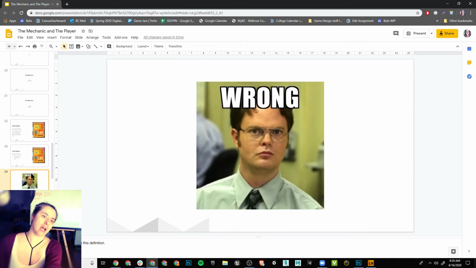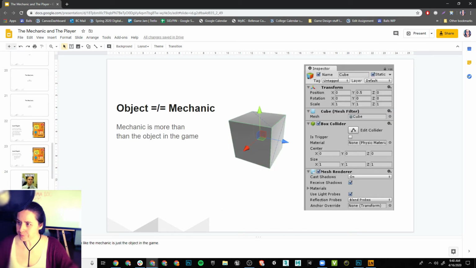I don't agree with that. Personally, I think that it is a deeper meaning than that specific definition. This is an example of how it's evolved over time. So, according to this, the object in a game is a mechanic, but a mechanic is more to me than just the object. This is a quick screenshot of a simple box in a Unity game engine.